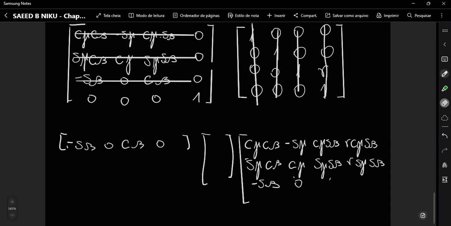Now the third column, 0, 0, 1, and this is cosine of beta. And now the last column is r times cosine of beta.